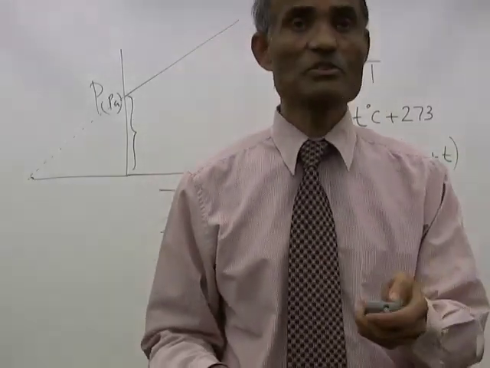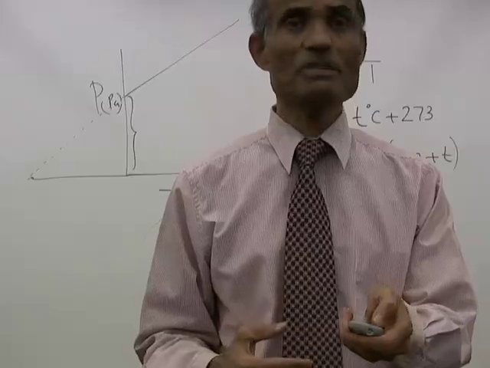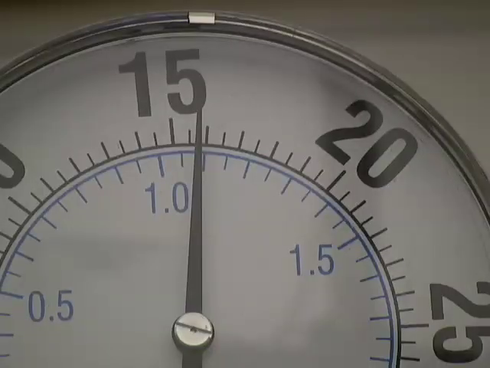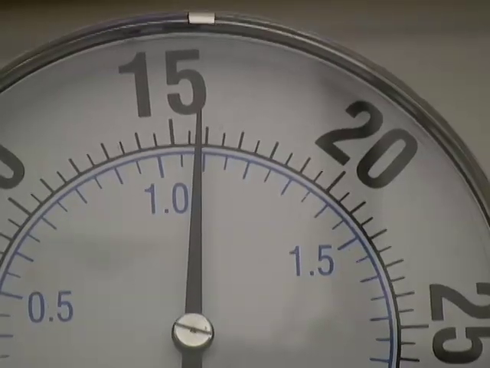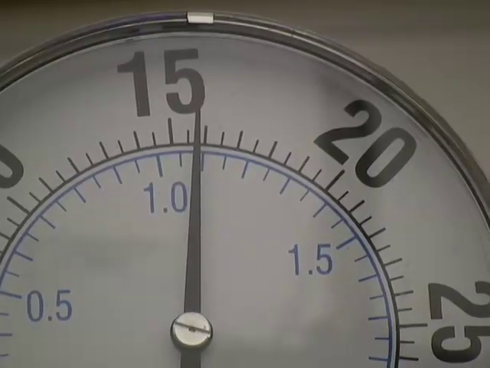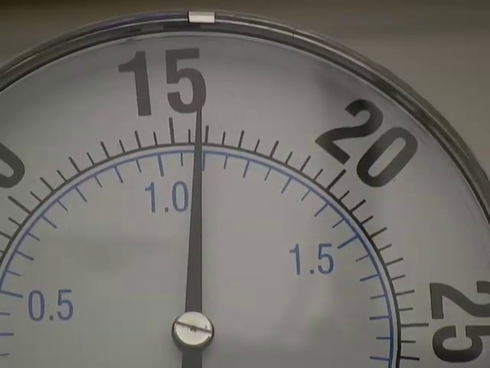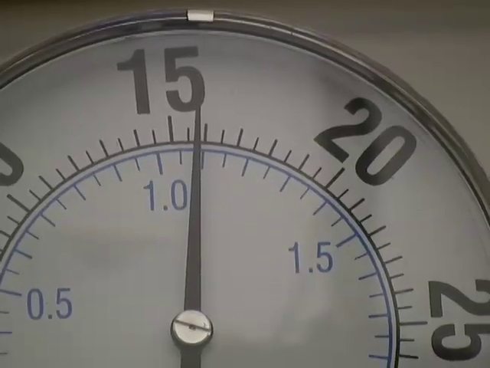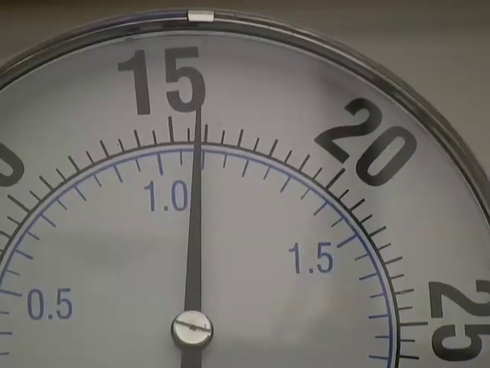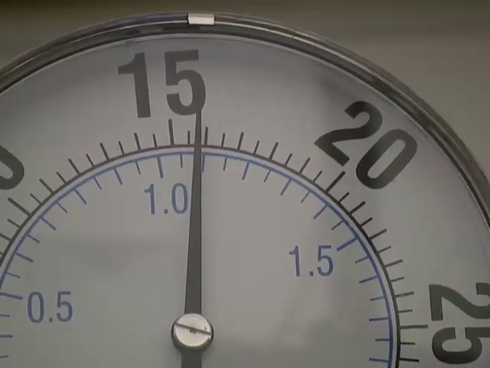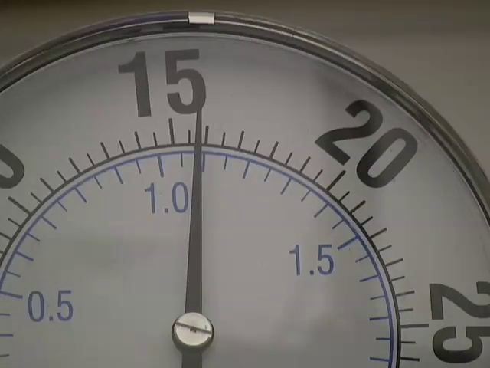Okay, let's start the measurements. I have now set up the equipment and we will start taking the readings. Now notice that I have focused the camera on the gauge. What you see here are readings in atmospheres.